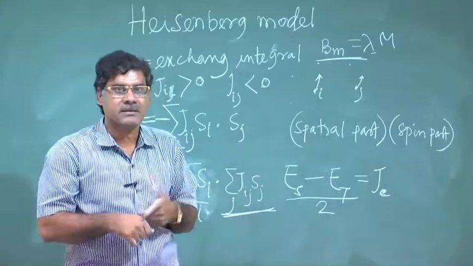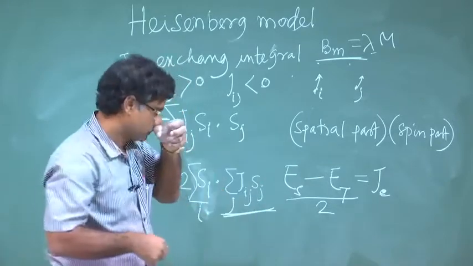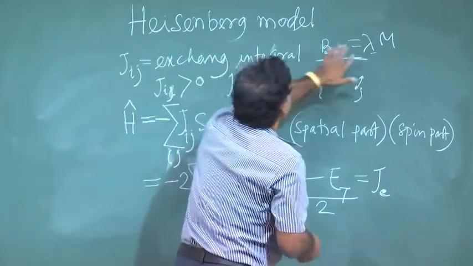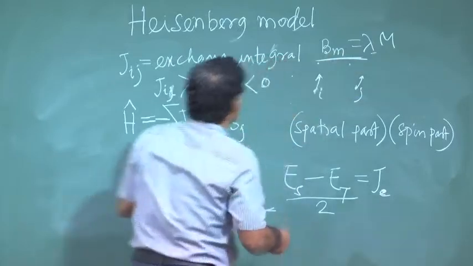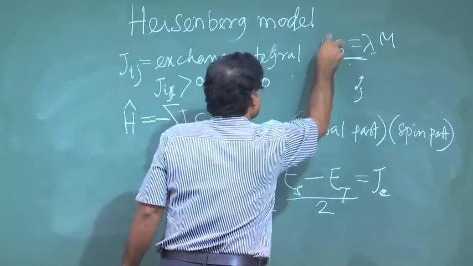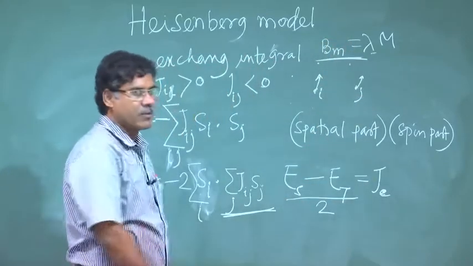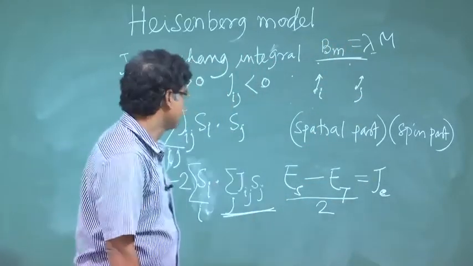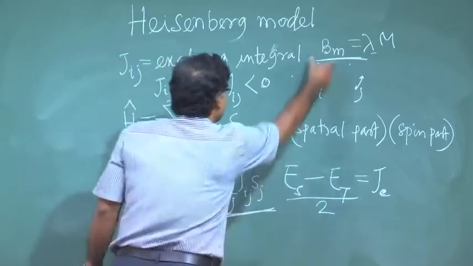So energy is the magnetic moment dot this B M, which will give the energy.